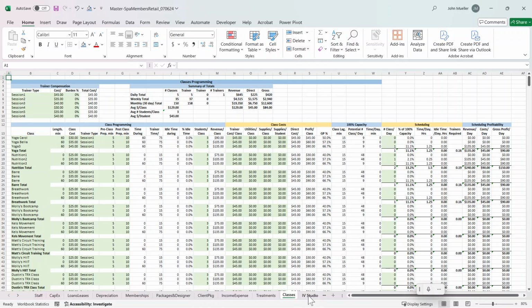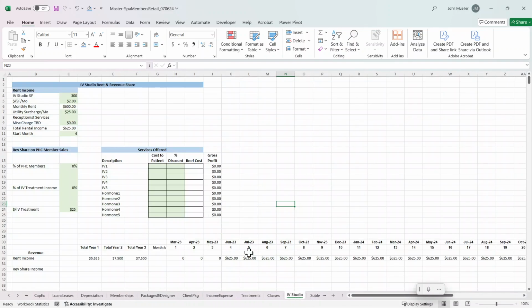And then a third type of service is one where, in this particular case, it was a sublet studio that the spa was going to have in their facility that they would rent to a service provider and then get a share of those profits.